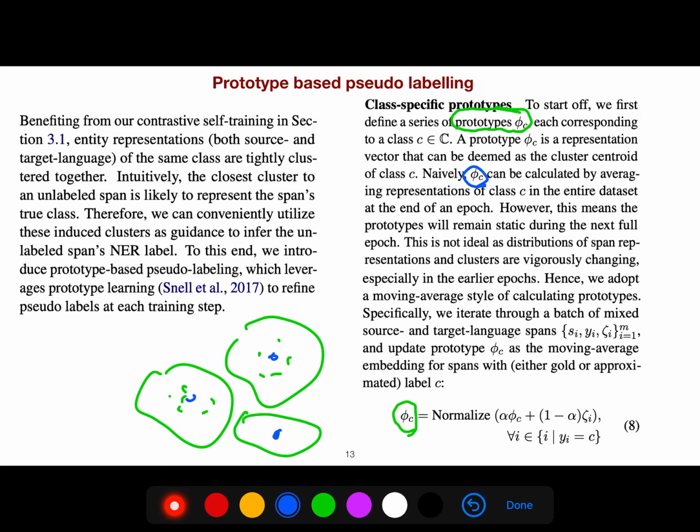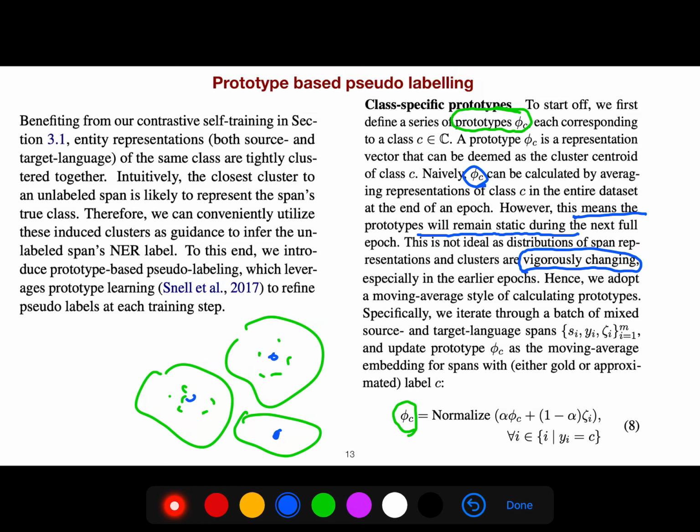Naively, phi sub c can be calculated by just averaging, just like the original paper. However, this means the prototype will remain static during the next full epoch. And this is not ideal, as distributions of span representations and clusters are vigorously changing, especially in the earlier epochs.